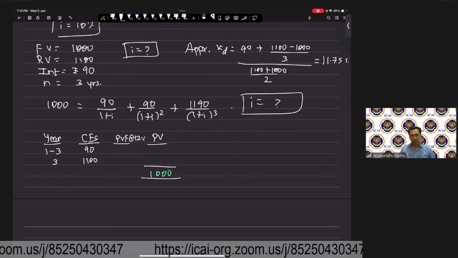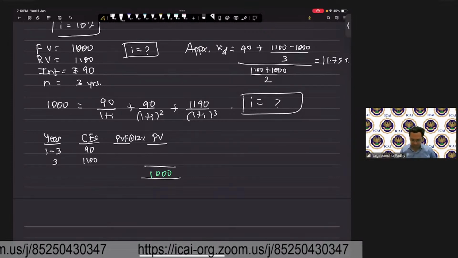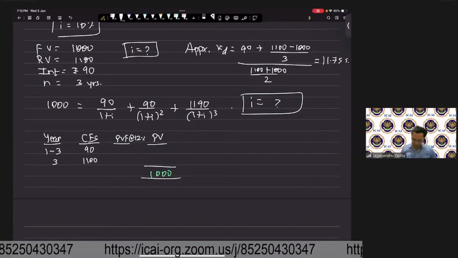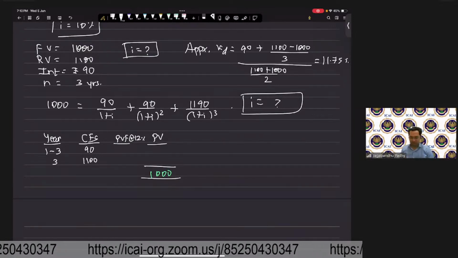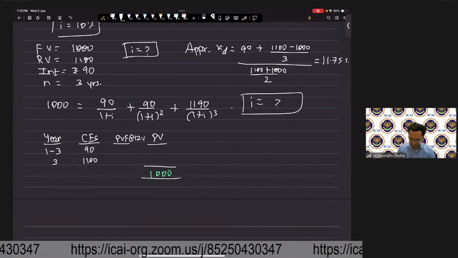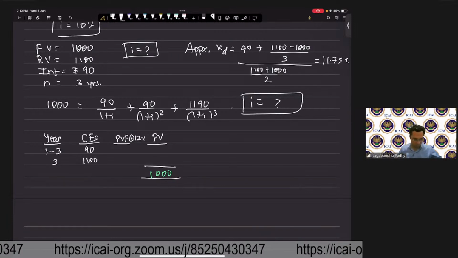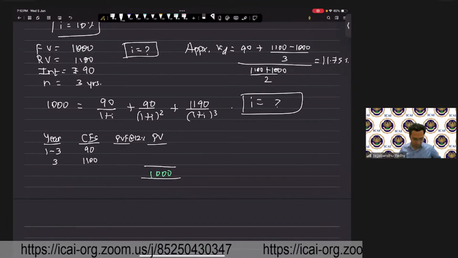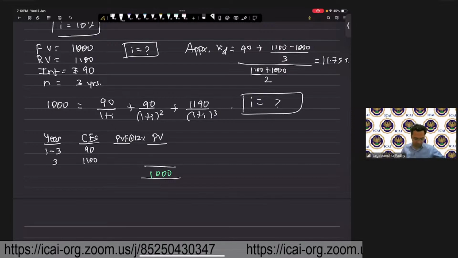Let's write down the PV factor for 12%, guys. You can compute it on the calculator by simply taking 1 divided by 1.12 and equating it 3 times.